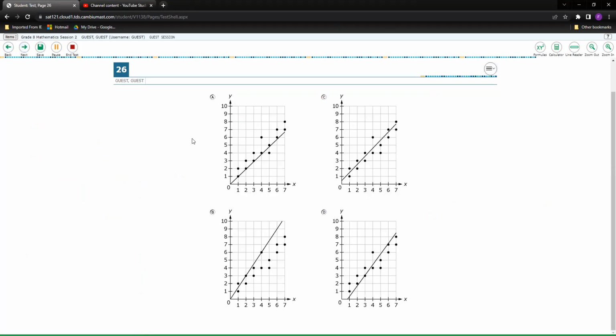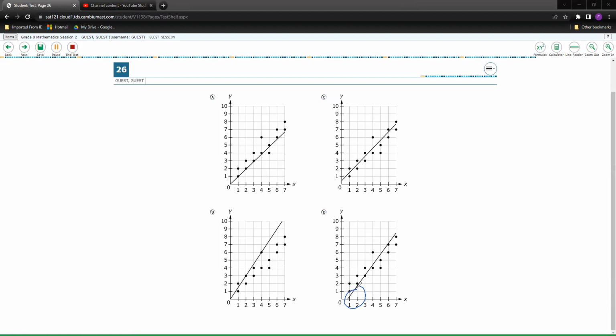Okay, this is easy. Which line passes through the middle of all the points and is going in the same direction as all the points? It's obvious that the choices are between C and D. Just if you pay a little attention, notice how this line begins under the points and ends up on top.